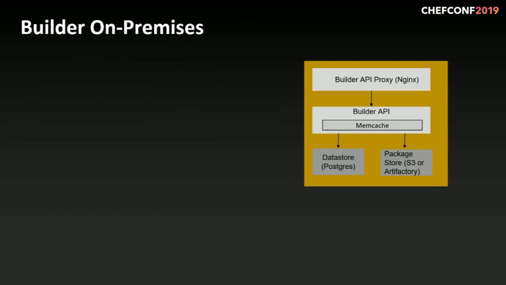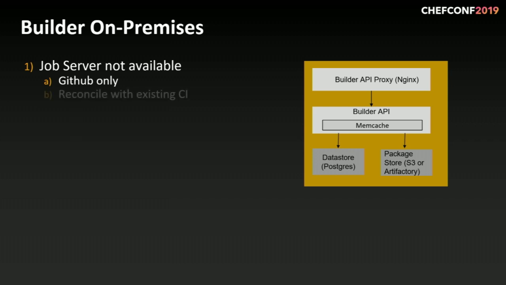OK, so you don't get that on premises. It's not available, and it's really for 2 reasons that we haven't shipped this yet. First of all, it's GitHub only. So the source repository connection is not there for anything other than that. And what we've seen in the enterprise is a huge variety of different ways of having your source out there. So that part is one of the reasons.